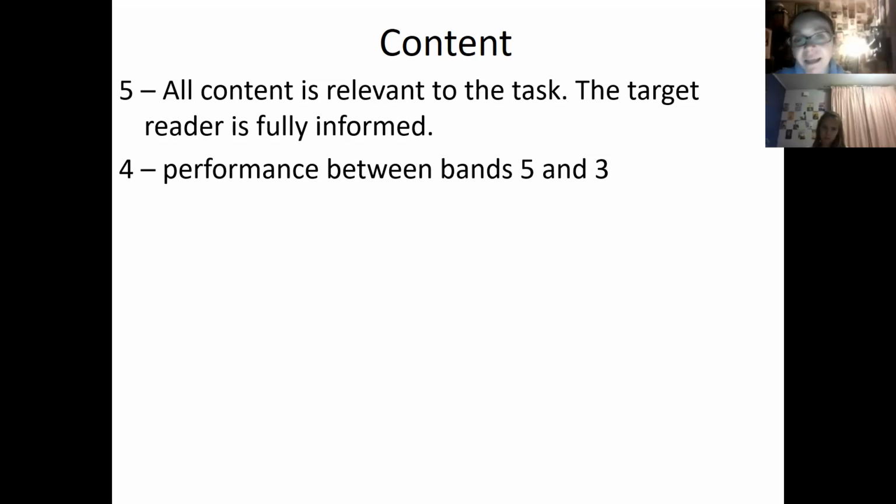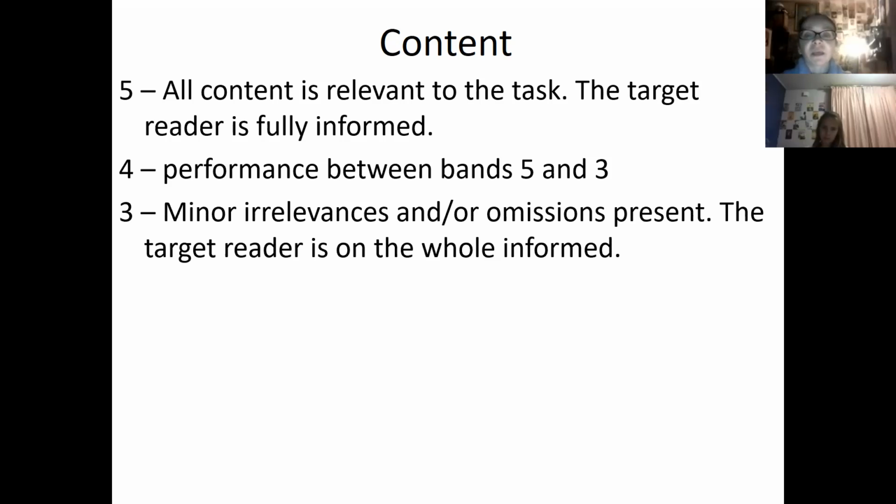And 3 is that you've got minor irrelevancies or omissions. For example, one of the ideas is just stated. Something like you say, it's a great pleasure to learn a foreign language. I've always liked it.